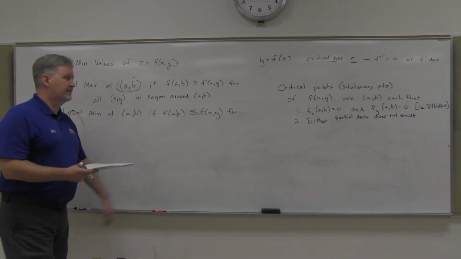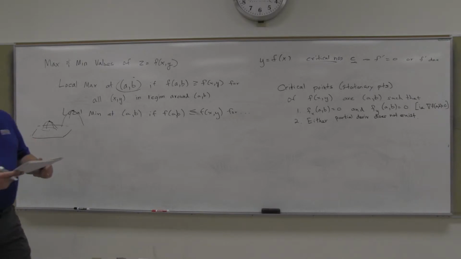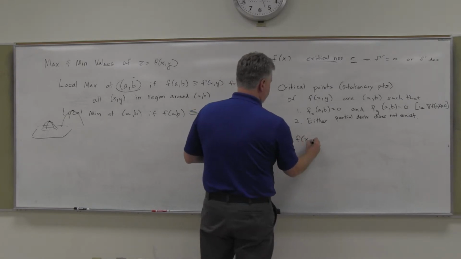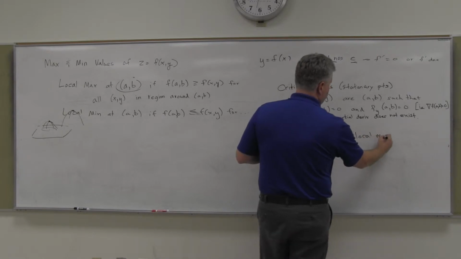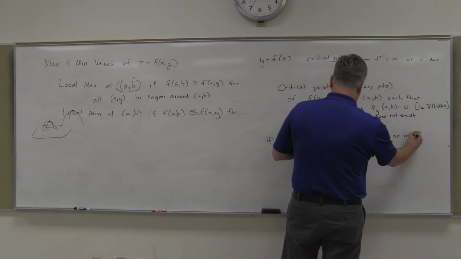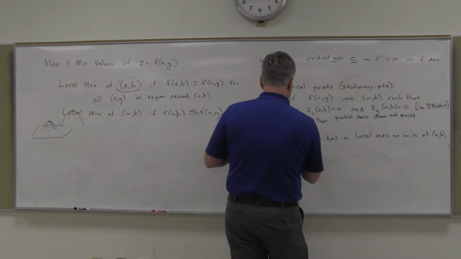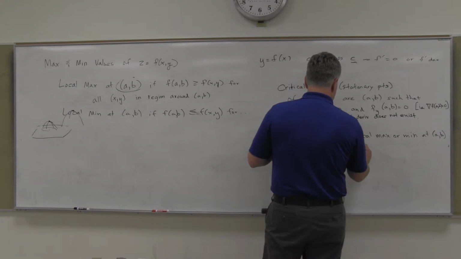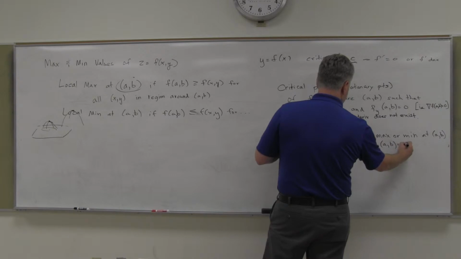And there's a theorem that goes along with the critical numbers too, and that says if z equals f of x, y has a local max or a min at a, b, then the partial of f with respect to x at a, b equals 0 and the partial with respect to y at a, b equals 0.